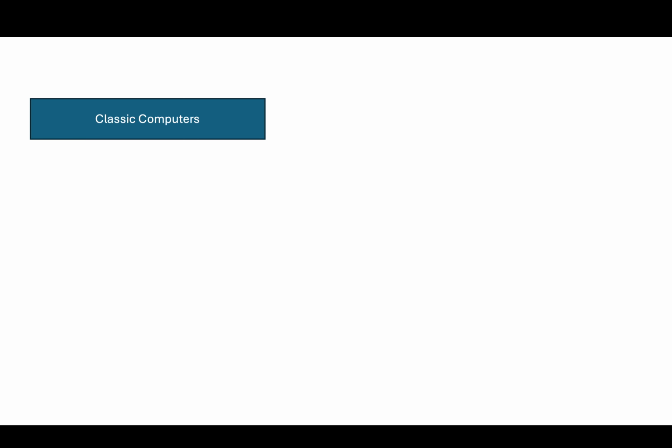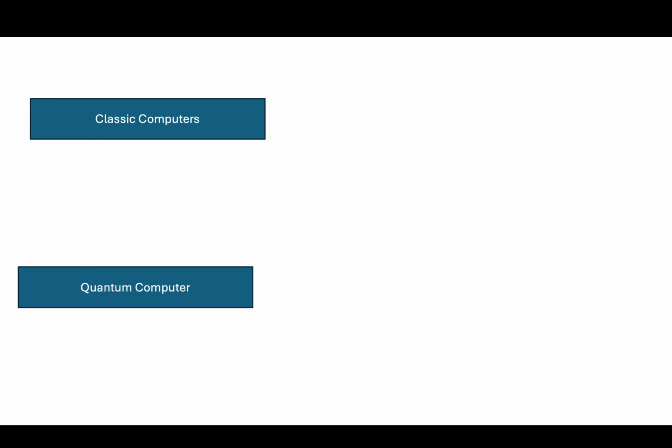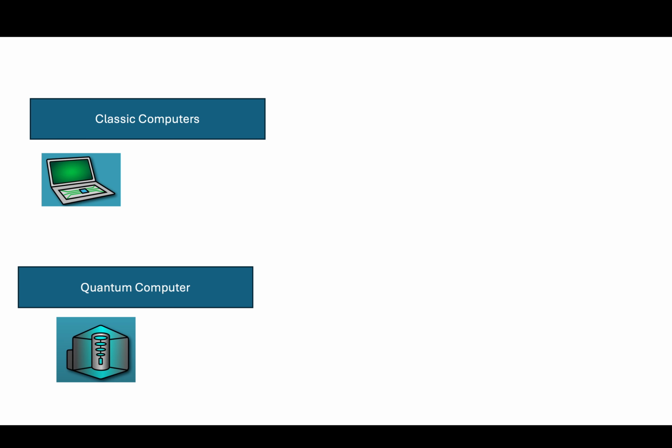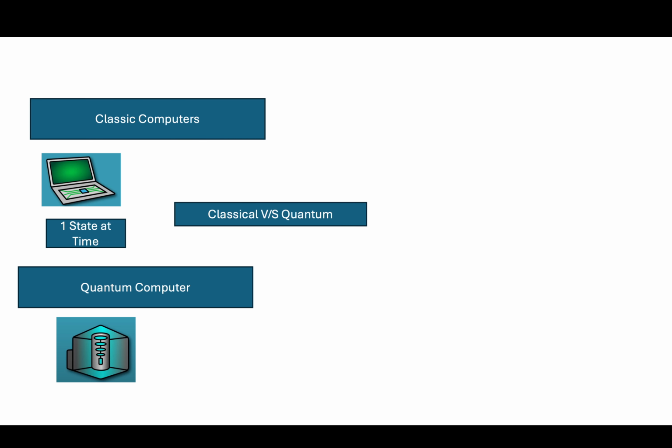Typically, there are two things: classical computers and quantum computers. Classical computers are whatever we have, like a laptop or typical computer. Typically, a classical computer has one state at a time, whereas quantum computers have multiple states at a time.